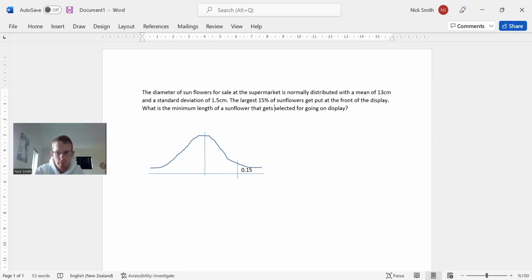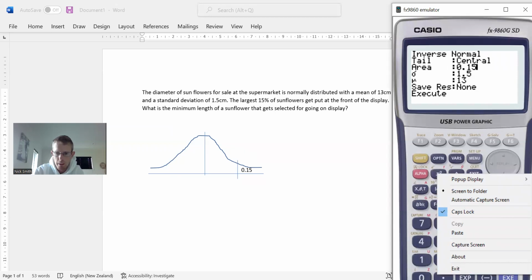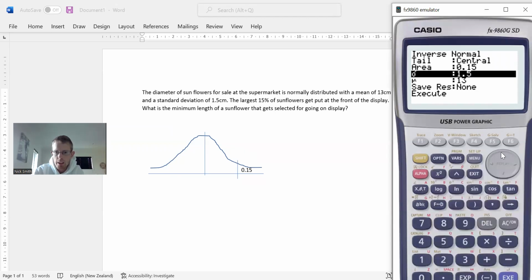So let's bring up the calculator again. Okay. And we're going to go into the area is going to be 0.15. That's our shaded part. Whoopsies, wrong button. And then our tail is on the right-hand side over here, not the left and not in the middle. It's on the right.